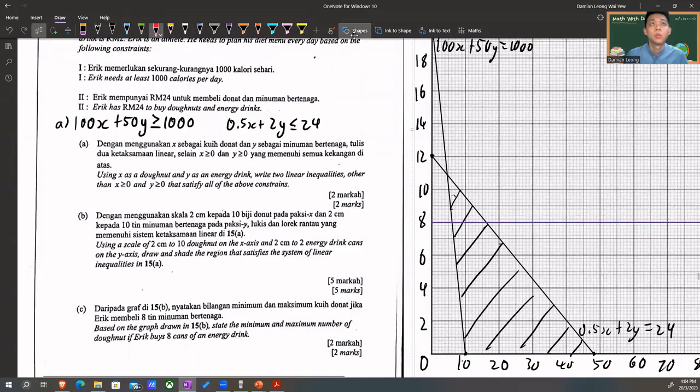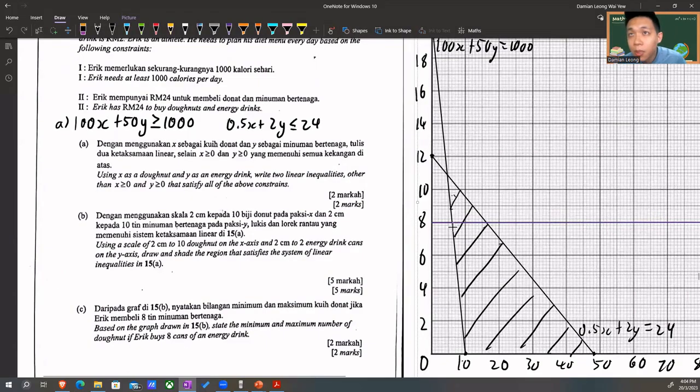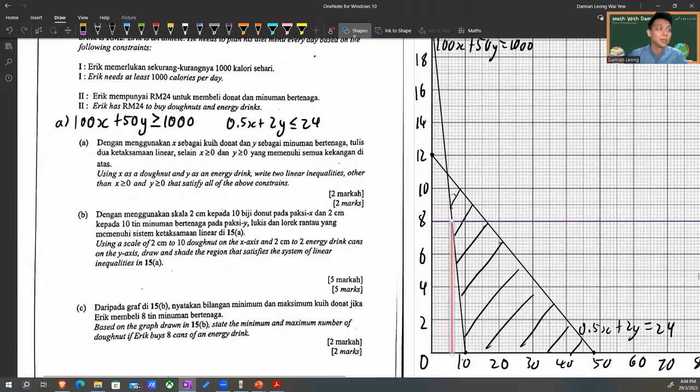So x, the lowest it can be is here, which is 6. And the highest it can be would be here, 60.